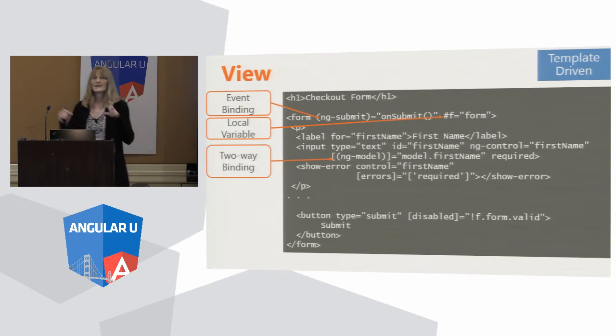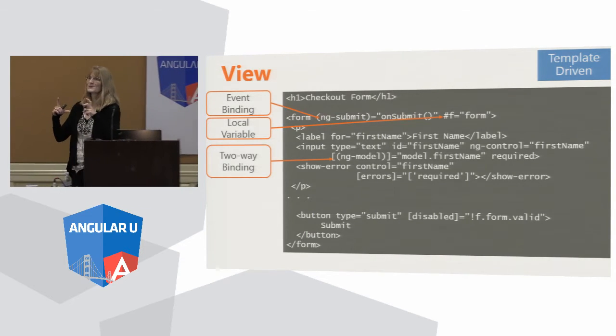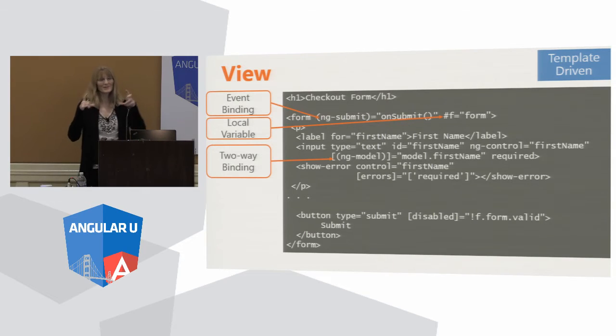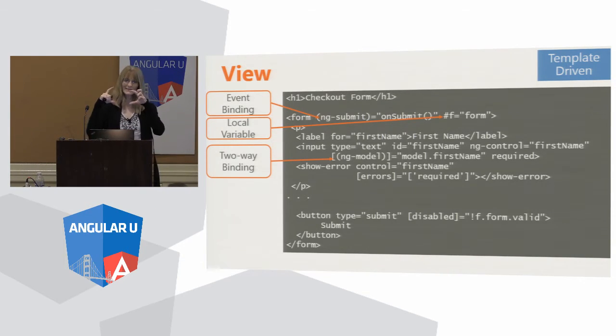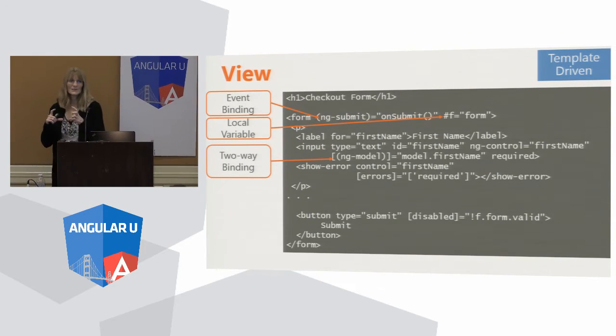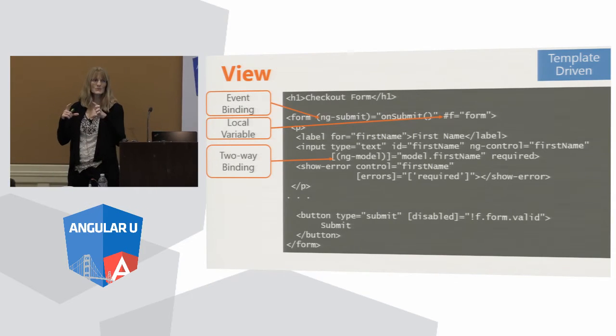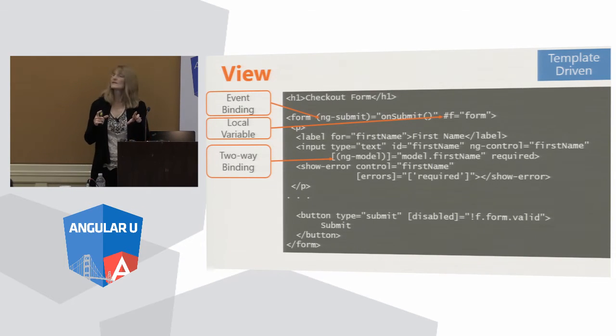Okay? The outside square brackets are the property binding. The rounded parens ones are the event binding. So you've got the square braces, which are the property binding. The rounded braces, also known as parentheses, are the event binding.